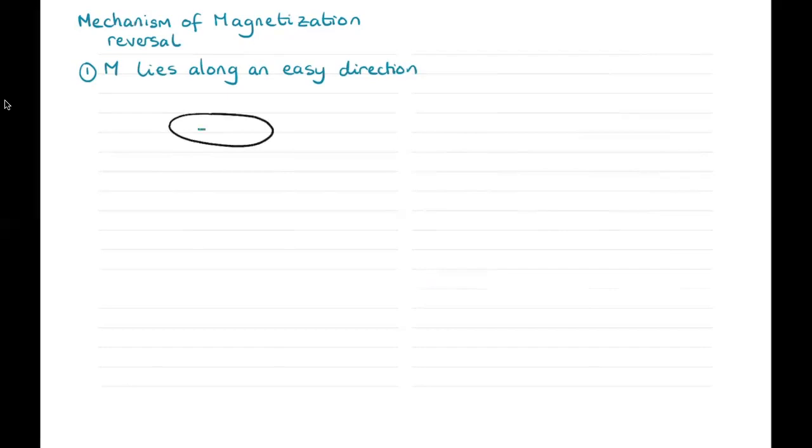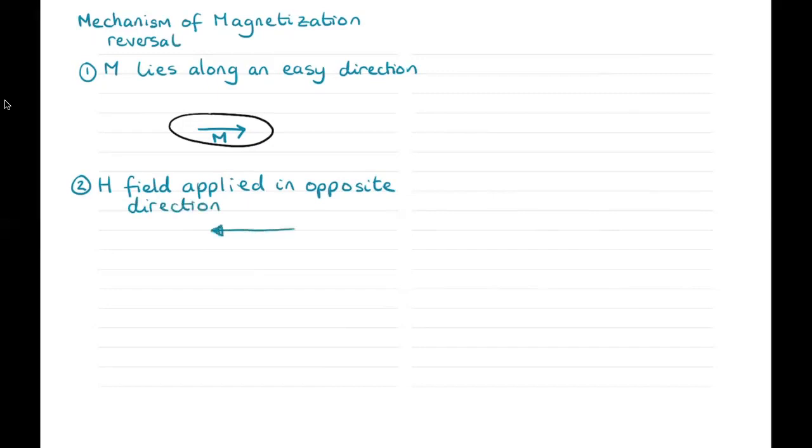So let's say it's oriented to the right, and then we're going to apply the magnetic field in the opposite direction. So we'll apply our magnetic field to the left.